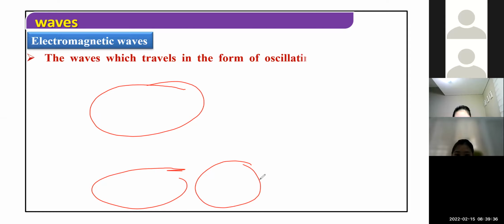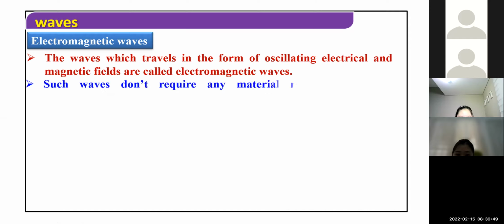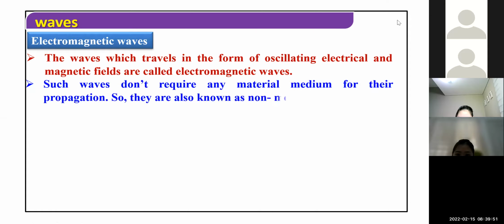Now, first, let us discuss something about electromagnetic waves. Even though the detailed study of electromagnetic waves we will do in our next chapter, some information about them: waves which travel in the form of oscillating electrical and magnetic fields are called electromagnetic waves.